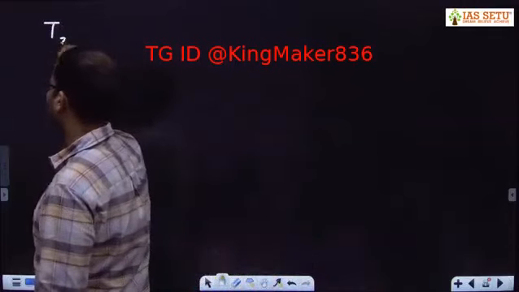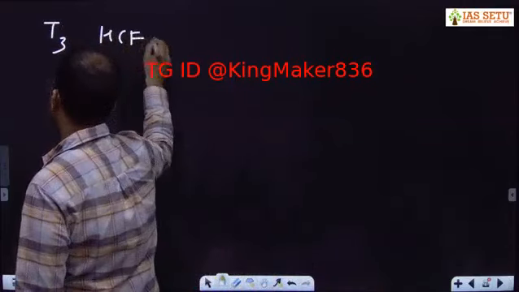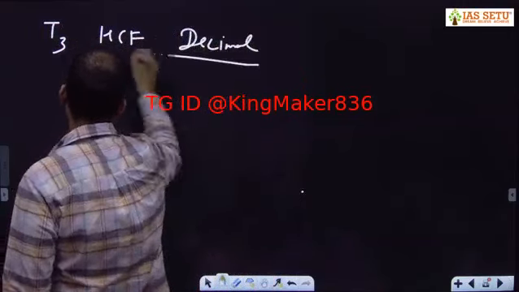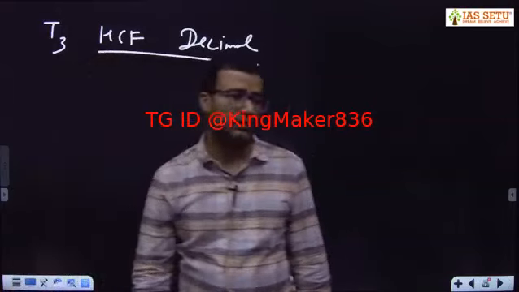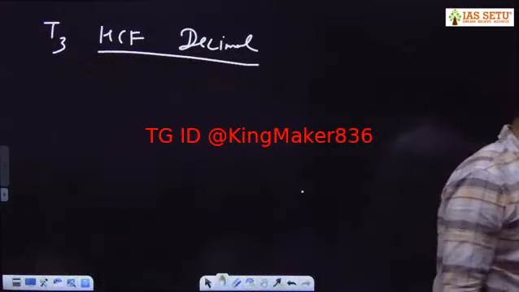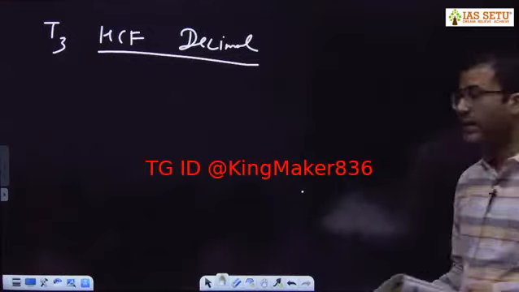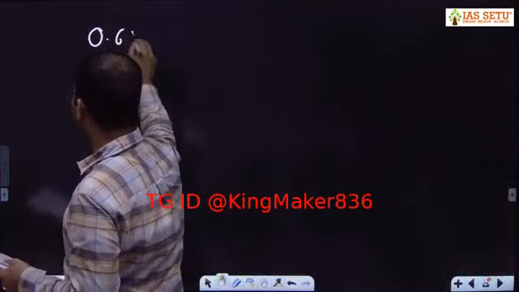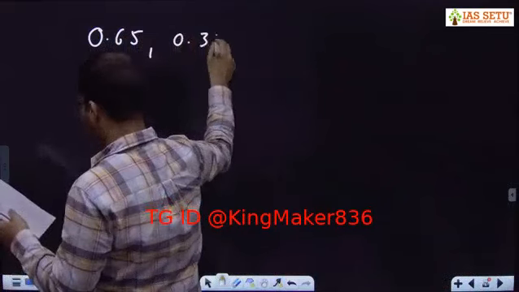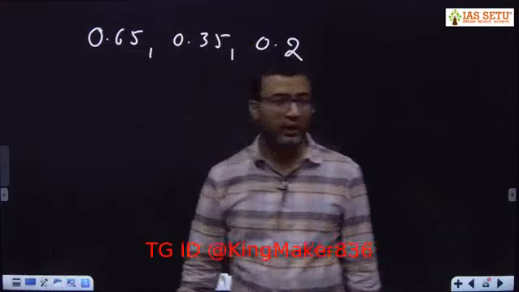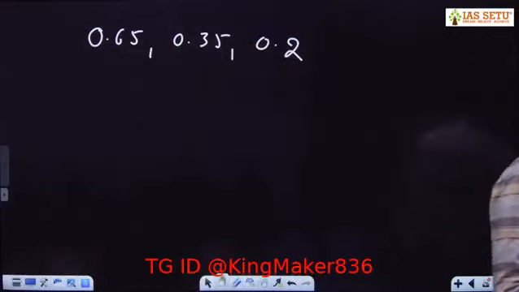Type 3. HCF of decimals. I solve one question for you. 0.65, 0.35, 0.2. Rather than telling you a new method, we can apply type 2.